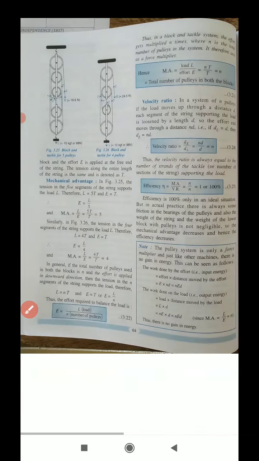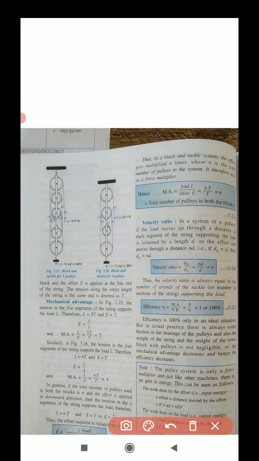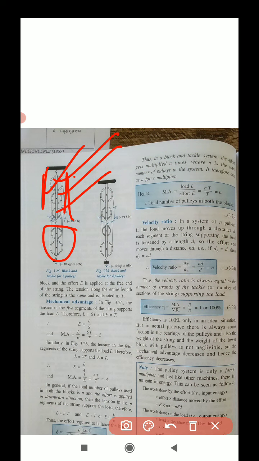What is this I am showing? You see here, these are the movable and these are the fixed. Fixed, because above there is the fixed point. Above, the number of pulleys can increase, but the lower number of pulleys will be either less than the above 3 or equal to the above 3. Either equal or less than, not more than. Here you can see 3 above, 2 below.